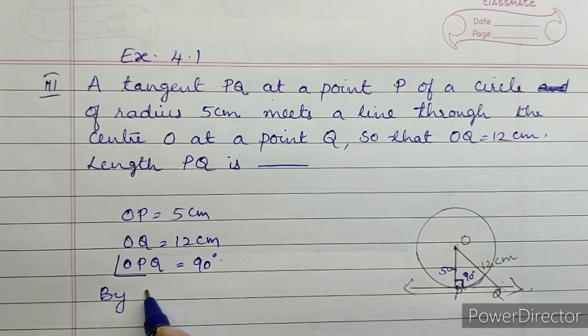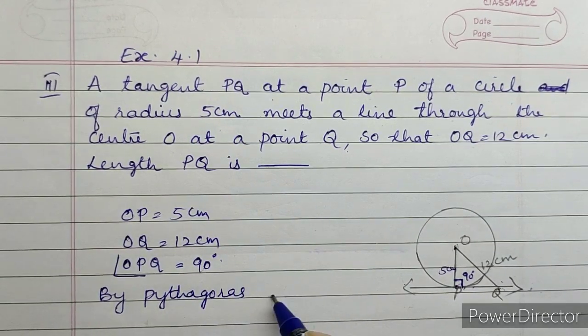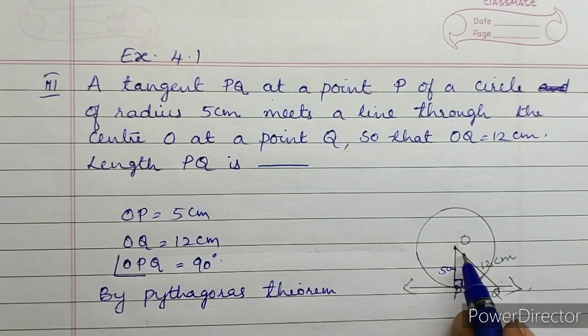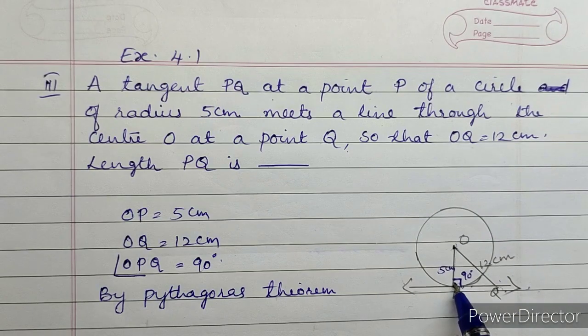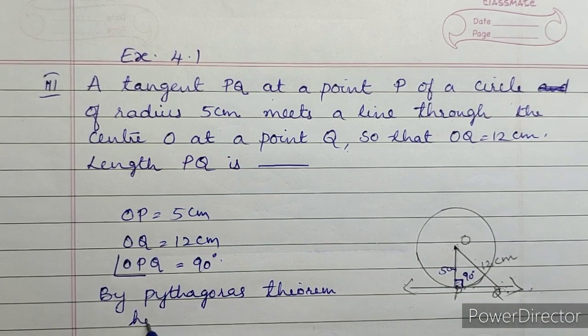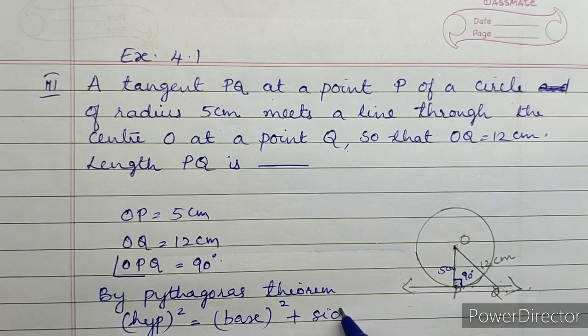So by Pythagoras theorem, hypotenuse square, opposite to 90 degrees, the biggest side, which is called the hypotenuse. Hypotenuse square is equal to base square plus side square. Base is PQ here, side is OP.